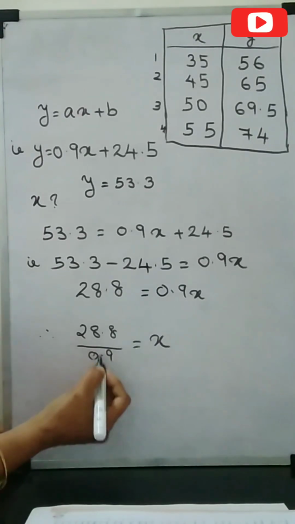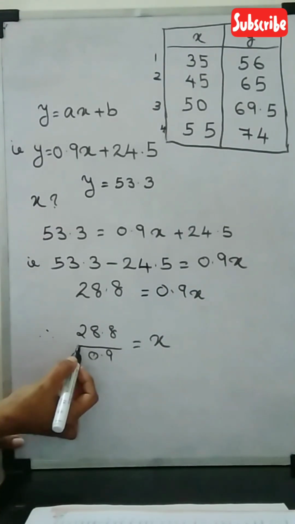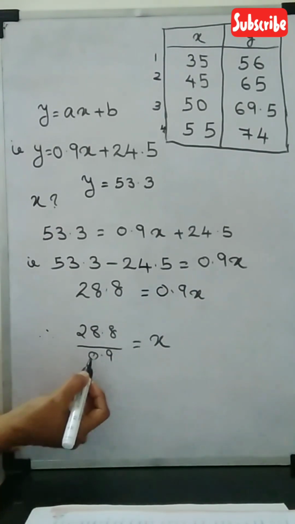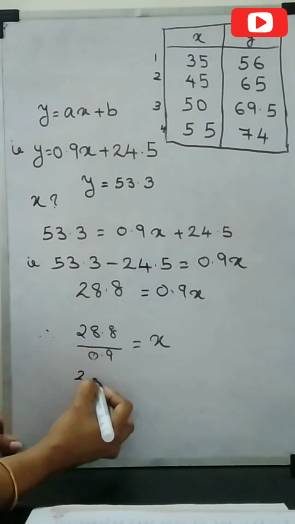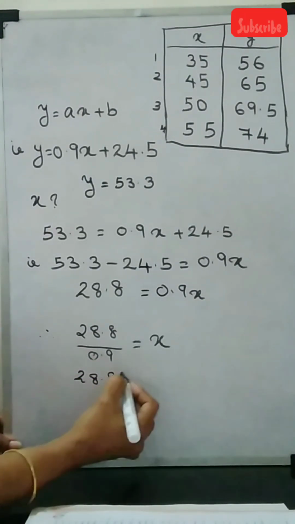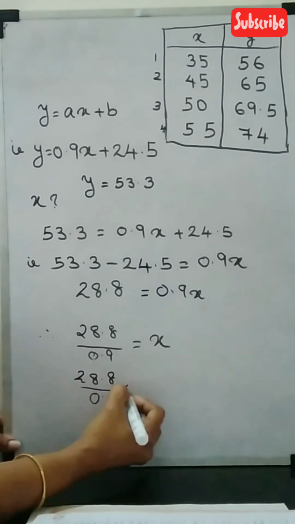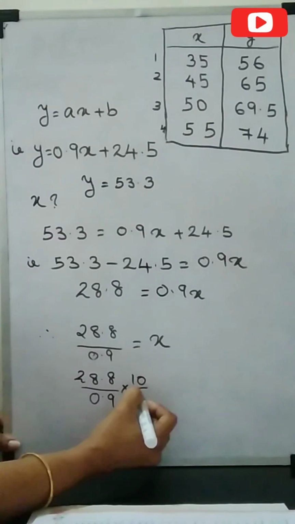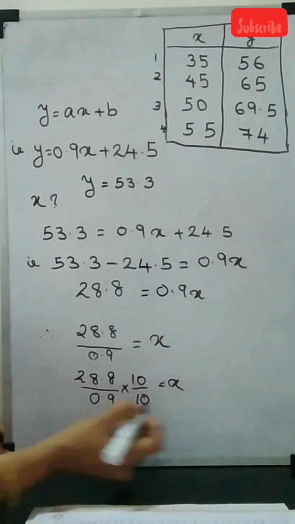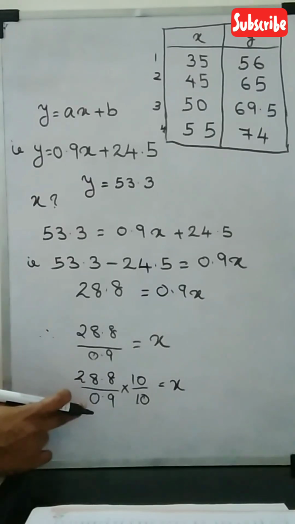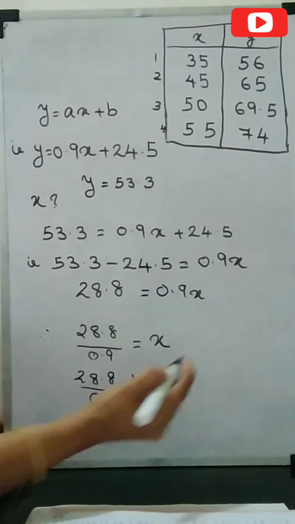Now, to make this division easy, we can multiply both numerator and denominator by the same number. That is 28.8 divided by 0.9 multiplied by 10 by 10. This is equal to x. Both numerator and denominator are multiplied by the same number.